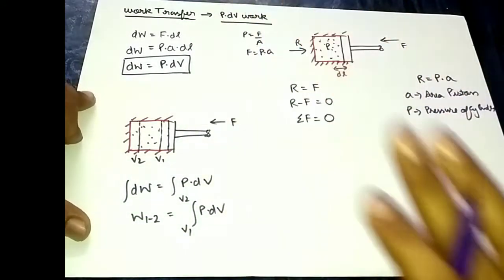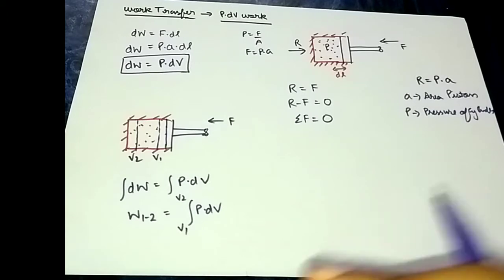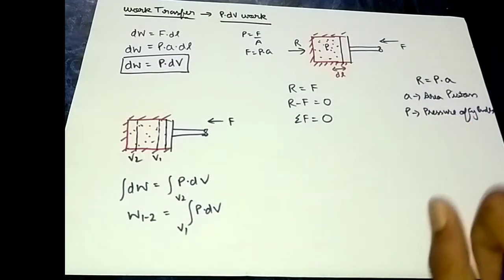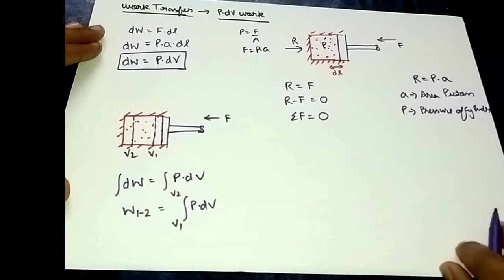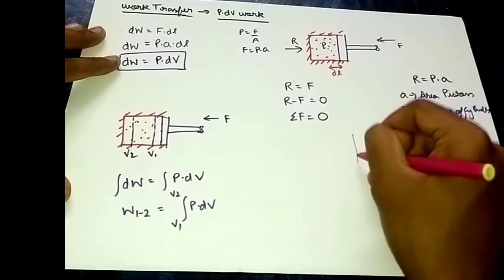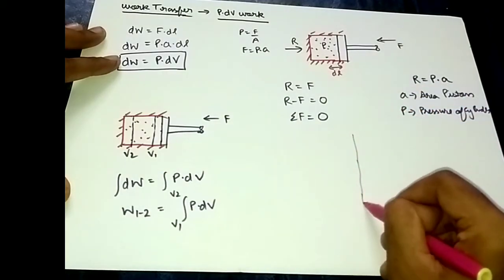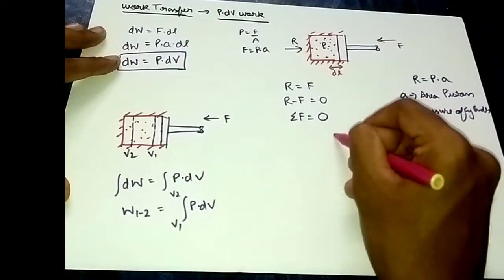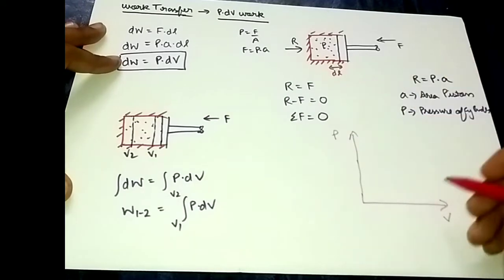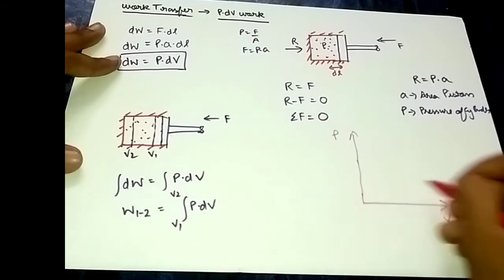On PdV work, another important thing to note is this. Suppose I'm drawing a diagram having pressure P and volume V. We have a volume V1 in the beginning.